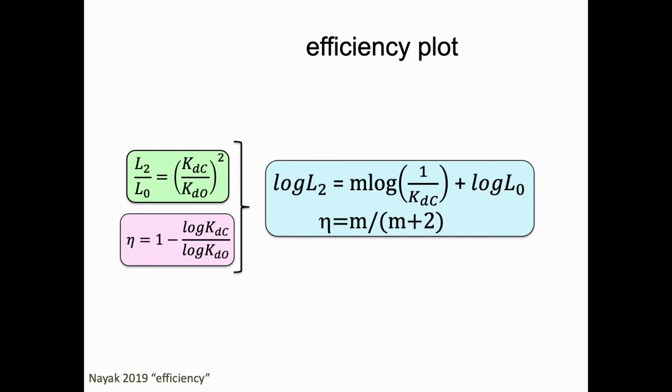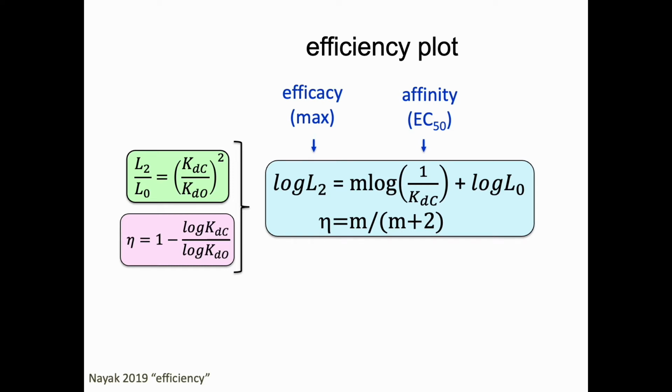So from the slope of the efficiency plot, you can calculate efficiency. And the y-intercept gives you the unliganded gating equilibrium constant. It's a very useful plot because the inputs of this plot are very simple elements of the dose response curve. You calculate efficacy directly from the max, that's log L2.